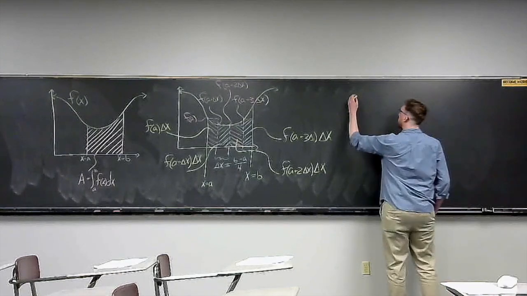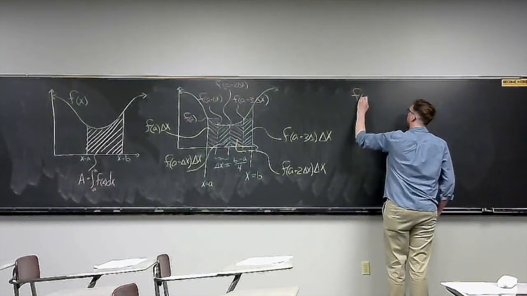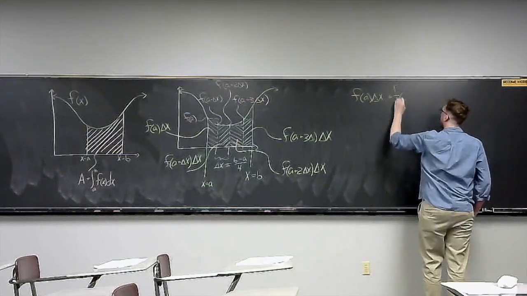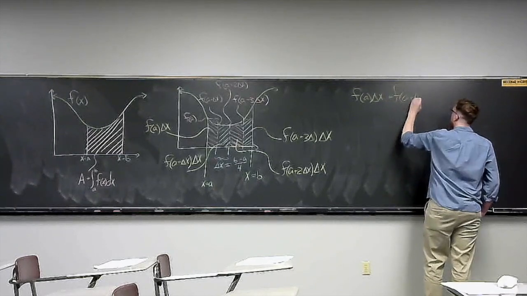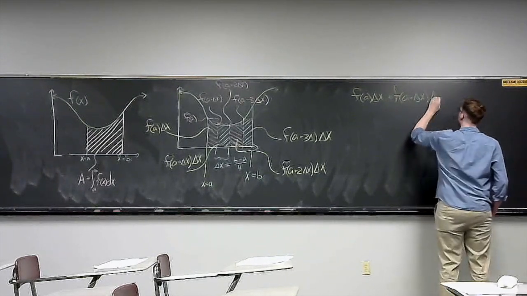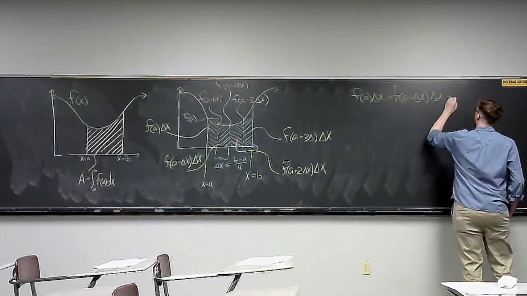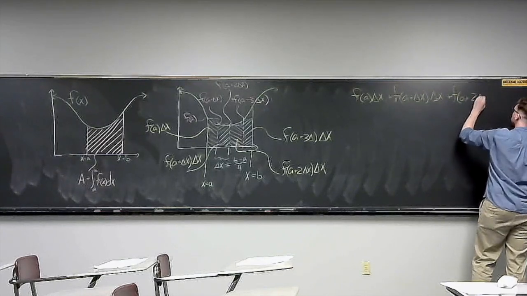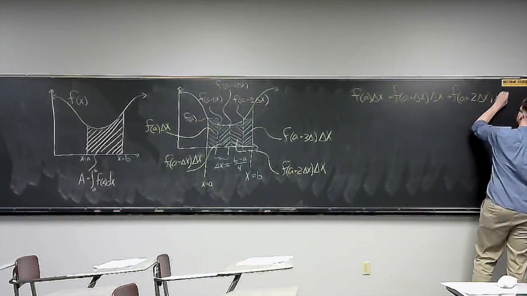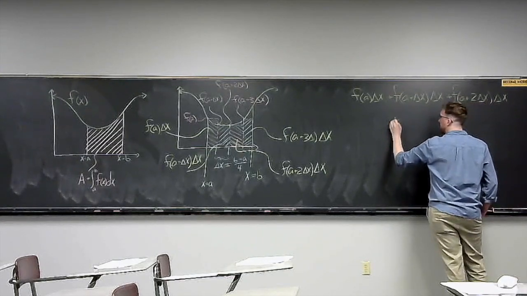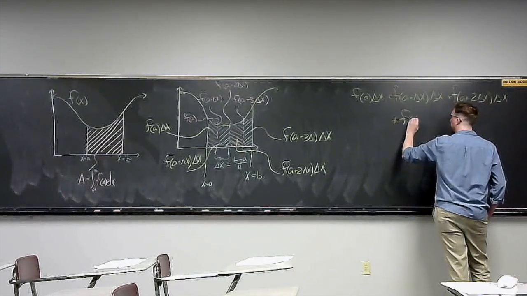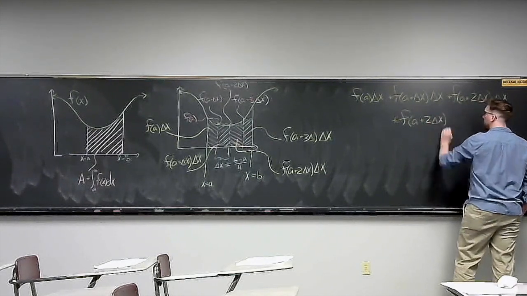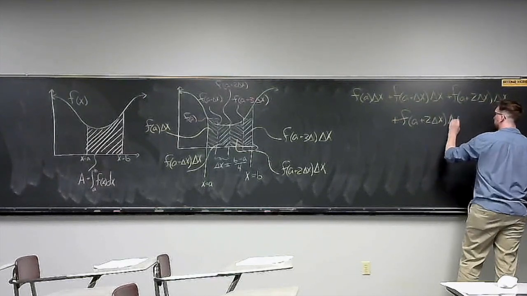So adding all of those up, we have f of a times delta x plus f of a plus delta x times delta x plus f of a plus 2 delta x, that quantity times delta x, and all this plus f of a plus 3 delta x, all of that times delta x.